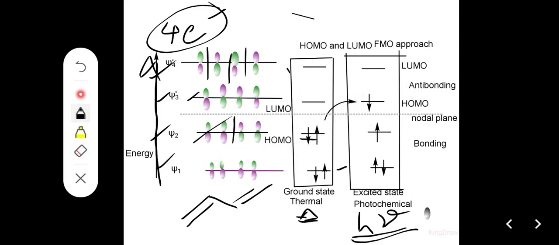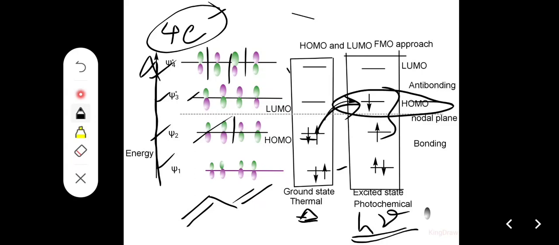So when 1 electron goes to that position, the spin is unchanged. Now psi 3 star is termed the HOMO, the highest occupied molecular orbital, since 1 electron is present, so it is occupied. Okay, so this is termed HOMO.